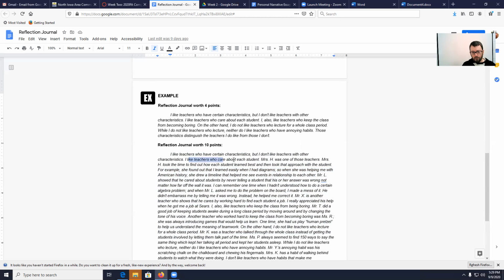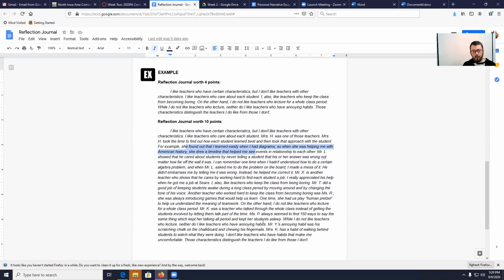So we have general statements that continue to build off one another, followed by a very specific example. And then if we read through this, you kind of see that the student has continued to do that as a whole. So that's why this is worth 10 points.